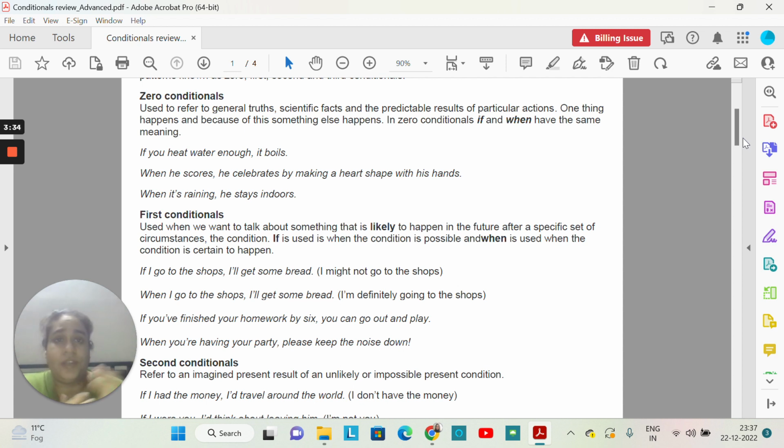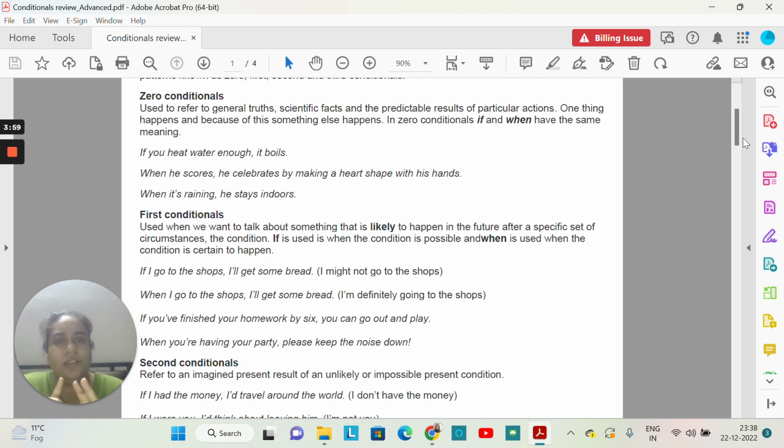Or if you heat water enough, it boils. If you look at the situation over here, my sentence started with if. The first part of the sentence is in simple present tense, and for the outcome, what happens if I heat my water enough? What will be my outcome? It boils.